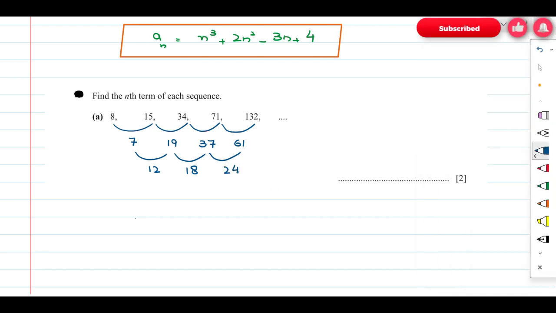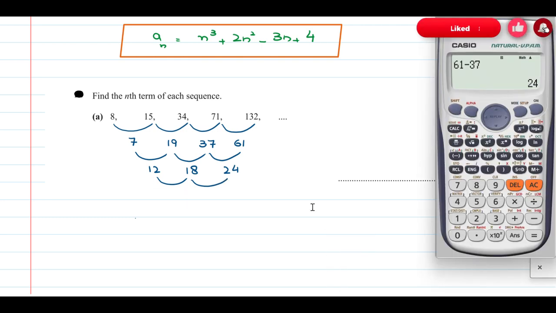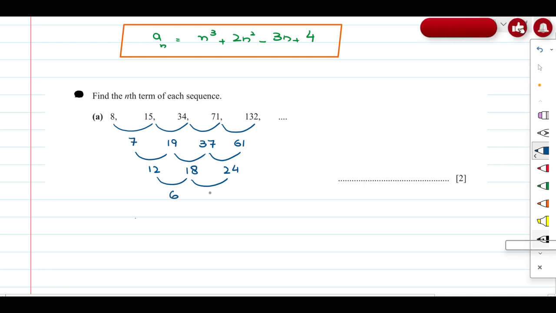The second difference is not constant. Move to the third difference, the difference between 12 and 18, 18 and 24. So 18 minus 12 is 6. 24 minus 18 is also 6. So the third difference is constant.